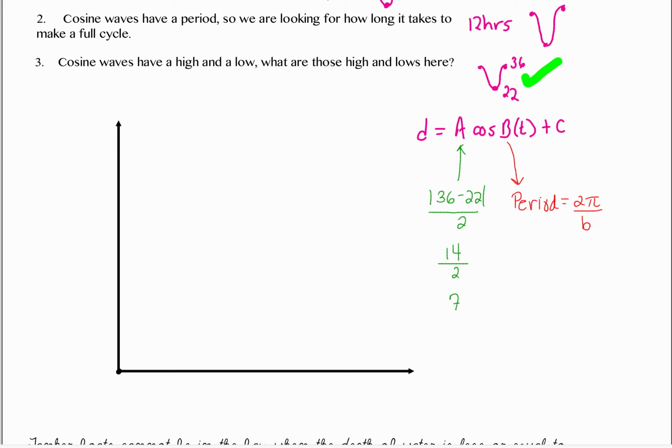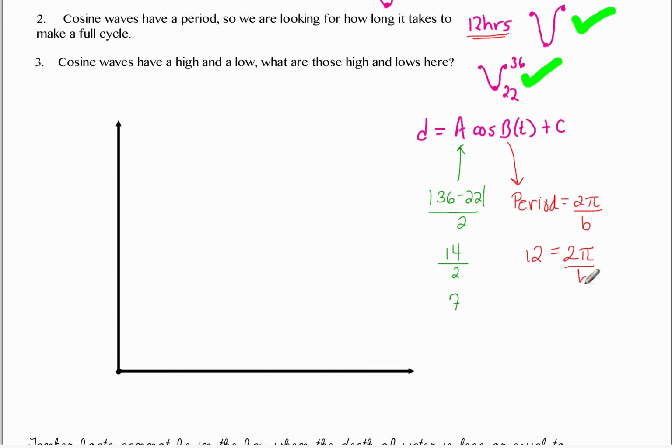So now we're going to use this second piece of information right here. How long did it take to make a full cycle? That was a period. Just like we say it takes 43 minutes to make a period at Pearson, it takes 12 hours to make a period from high to low.